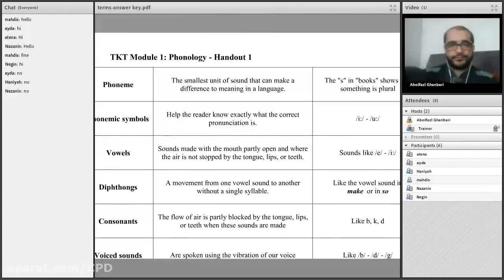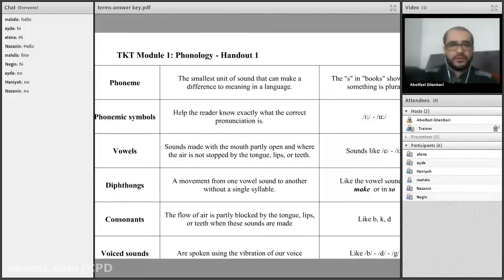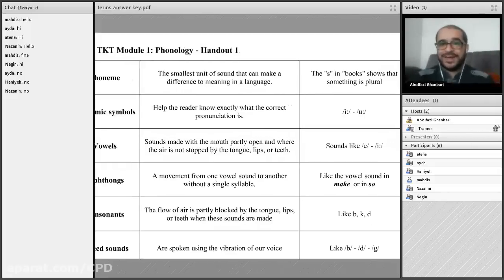The first term is phoneme. The phoneme is the smallest unit of sound that makes a difference to meaning, that changes the meaning. Like S in books. S is a phoneme. It changes the meaning of book from singular to plural.